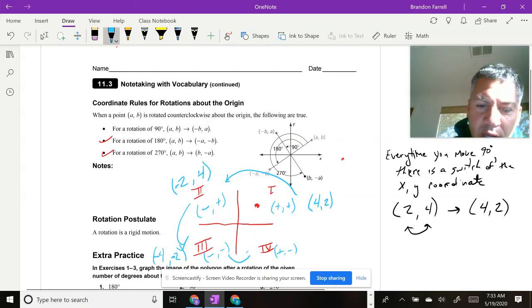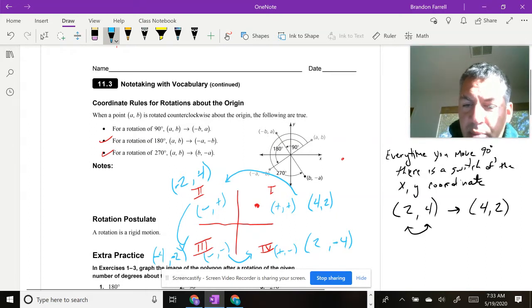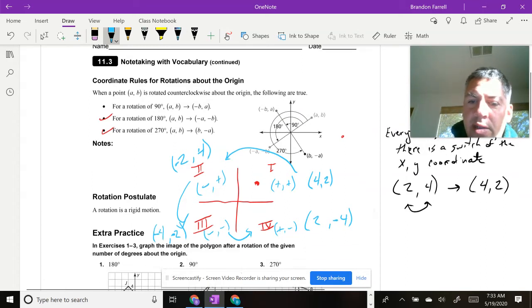And then if we go another 90 degrees, we know that it's going to be 2, 4, and then my negative value is in the y coordinate because the y value is negative. So it's really more about locating where your point is in the particular scenario.